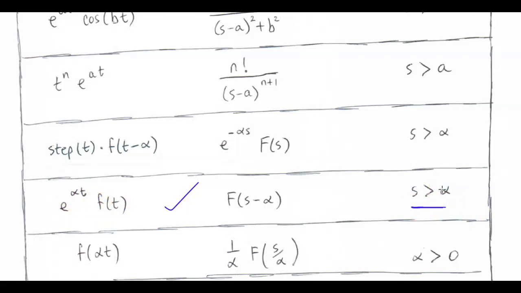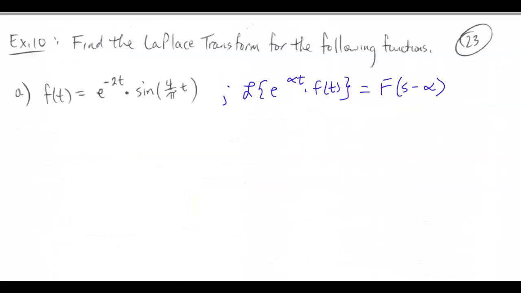As we make that assumption, that ensures that whatever this value is in here is going to be greater than 0. So with that, all we really need to figure out is what is going to be the Laplace transform of this. This is going to be our f of t.